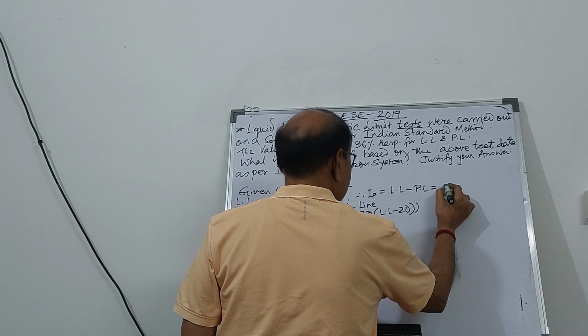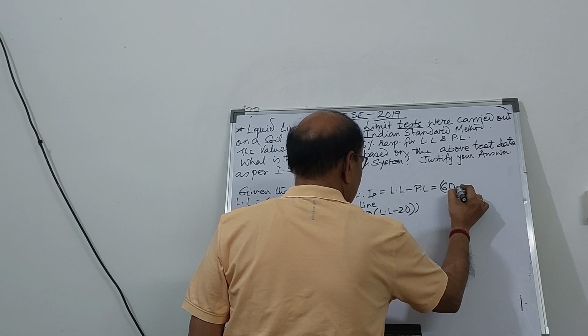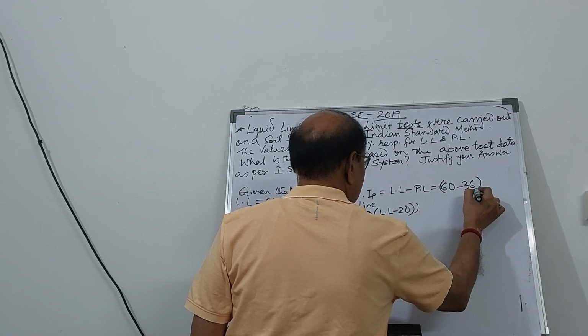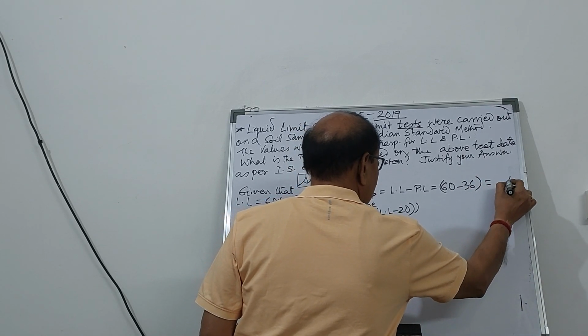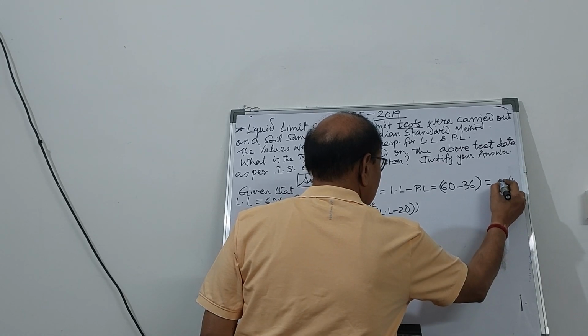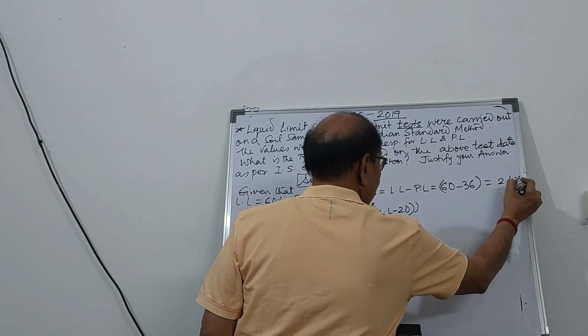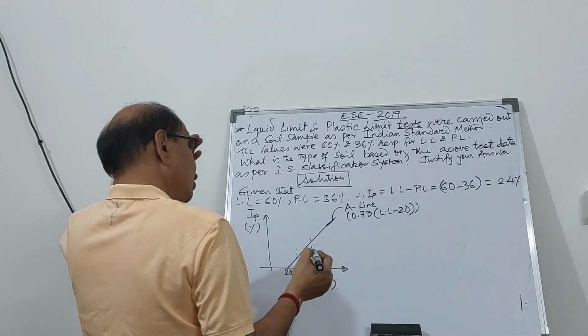So it is going to be 60 minus 36, so it is going to be 24%, IP of the soil mass.